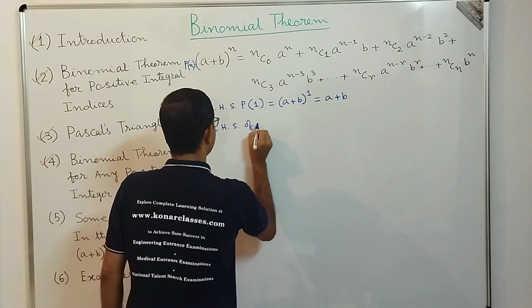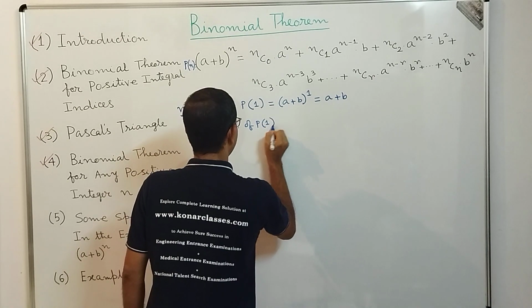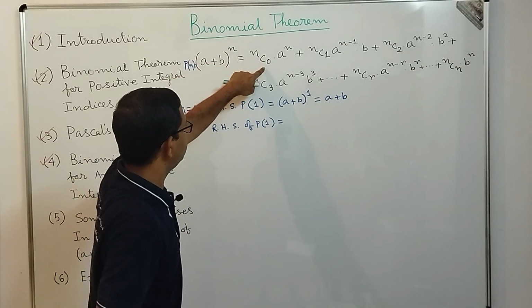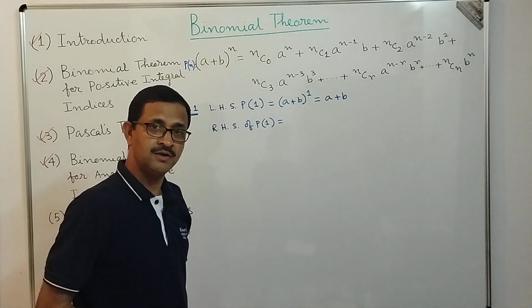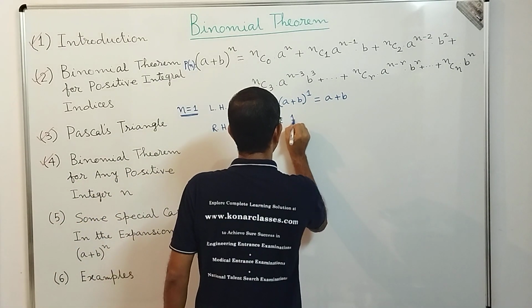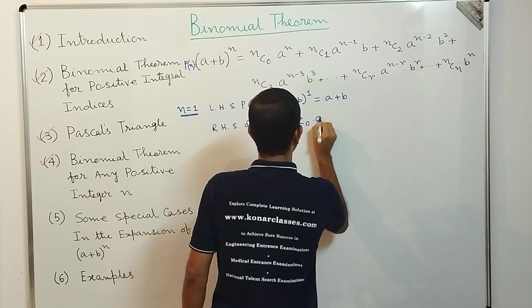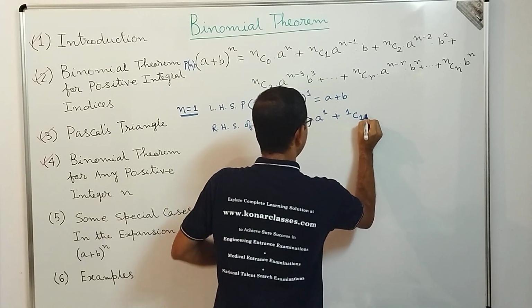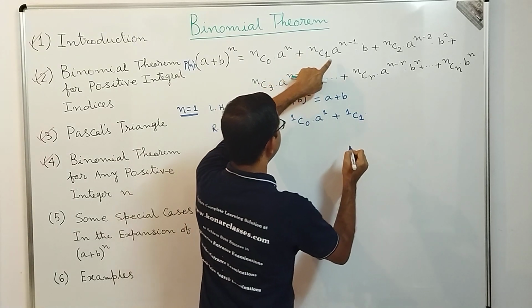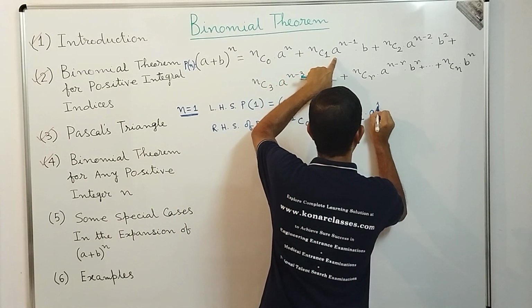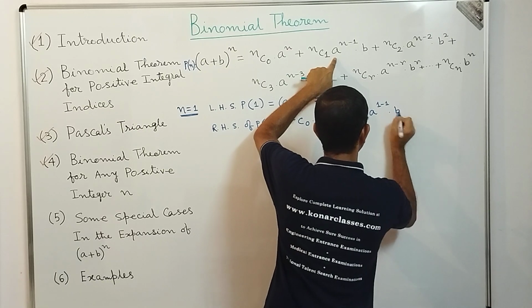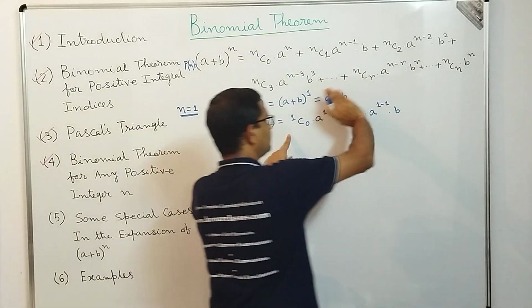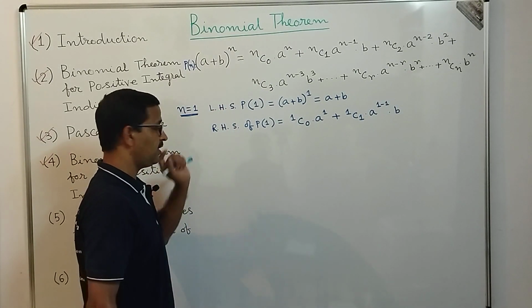RHS of P1: we put n equal to 1, so 1C0 a^1 plus 1C1 a^(1-1) b. The rest of the terms are not meaningful here because n equal to 1.